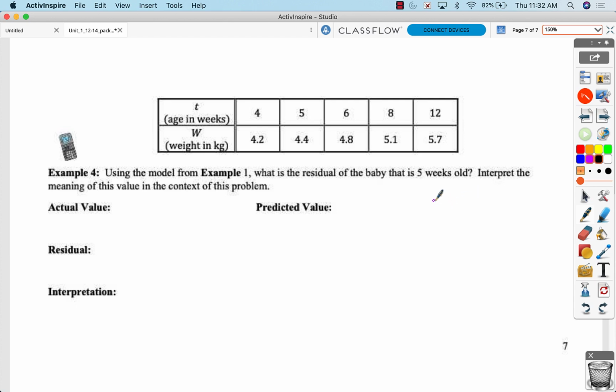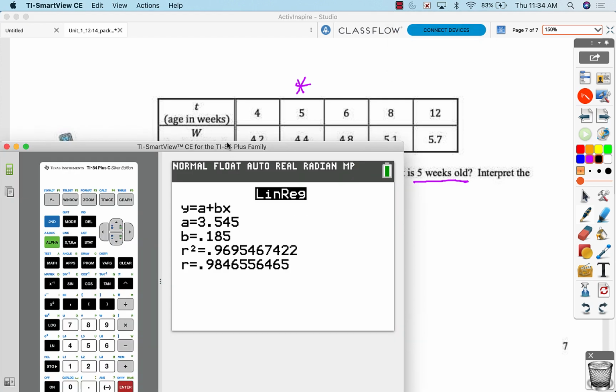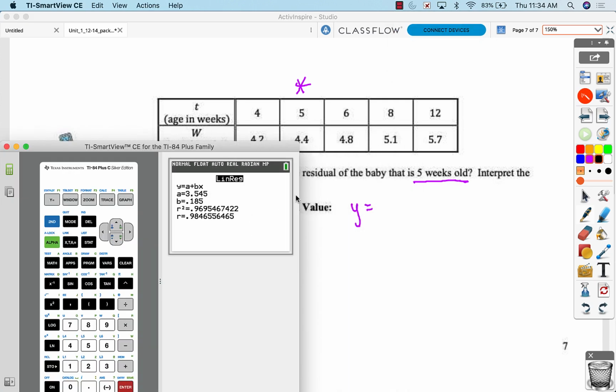Okay, so a baby that was 5 weeks old, it's right here, weighed 4.4 kilograms. And then, well, how do we get the predicted? The predicted, we have to use that equation, which I forgot. I'm going to pause it and I'll be right back. Okay, I'm back. I had to actually literally go put this data back in.